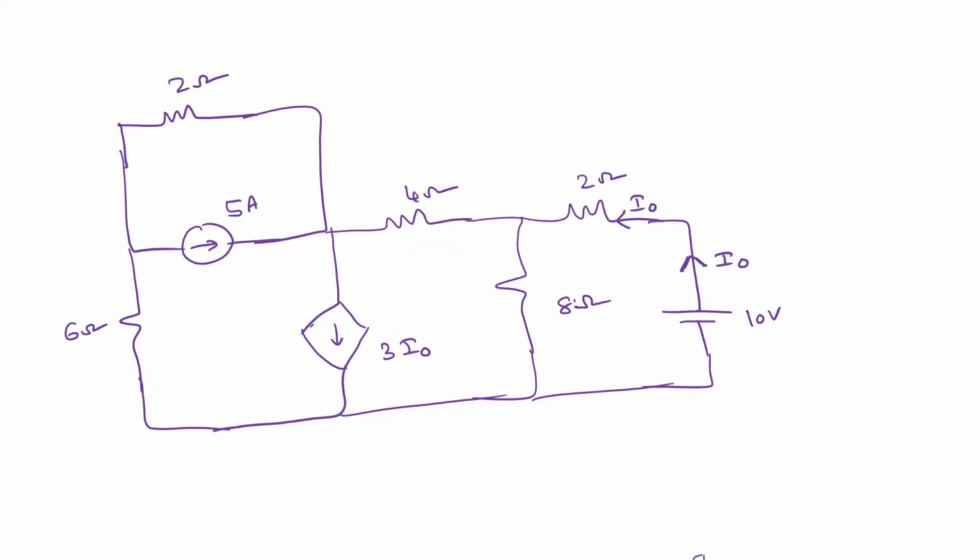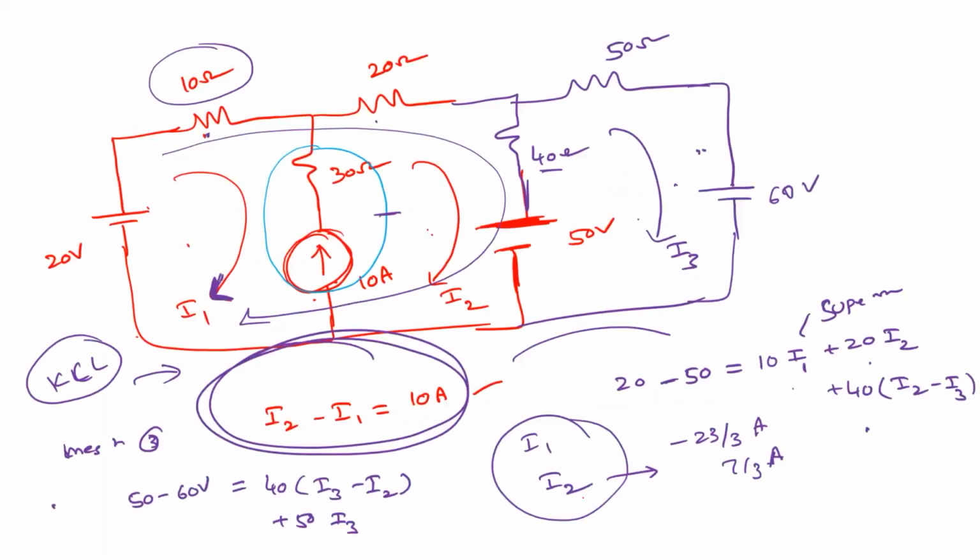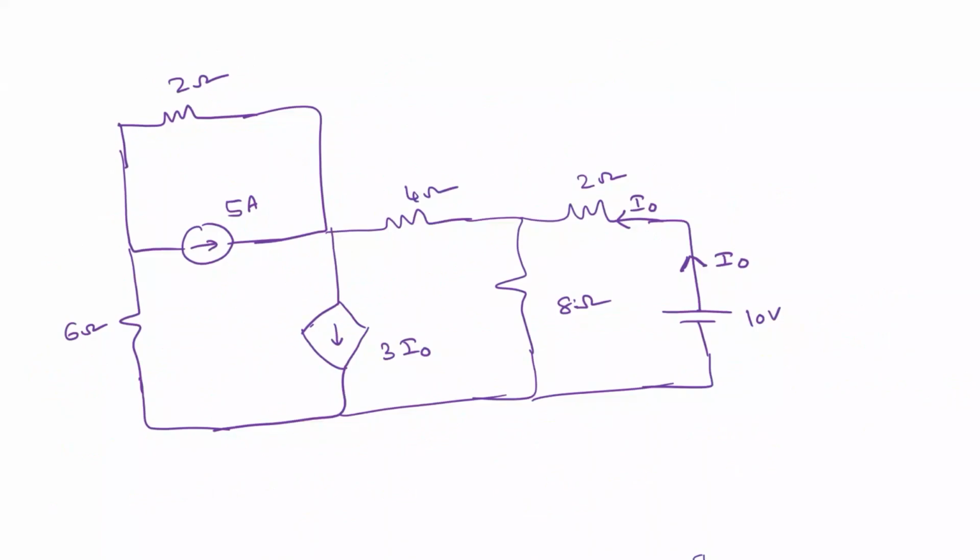Clear? Here we already discussed that the current source need not be independent; it may be a dependent source also. If you have a dependent source, then we cannot write the expression directly. So how many meshes are there? 4 meshes.